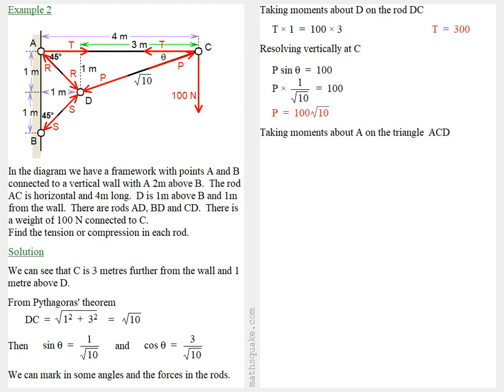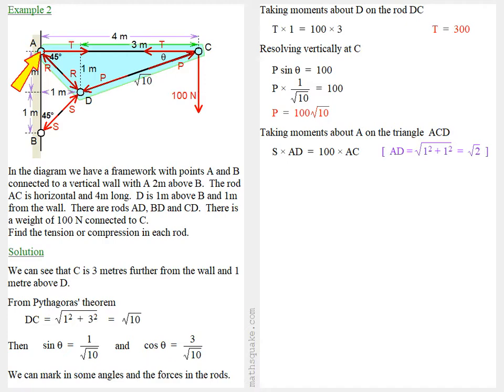Taking moments about A on the triangle ACD, we have only two external forces. They are S and the weight 100 newtons. So S times AD equals 100 times AC. Now from Pythagoras' theorem we get AD is the square root of 1 squared plus 1 squared, which is the square root of 2.